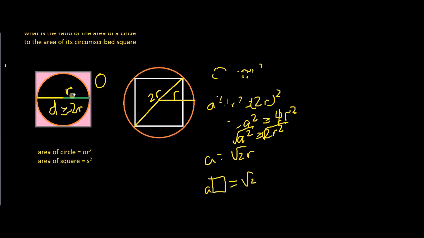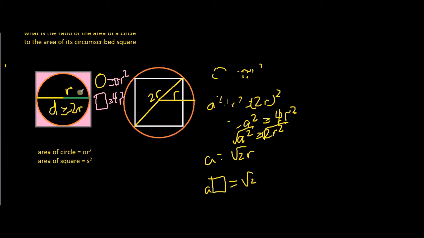Now, again, let's use an arbitrary r. So the area of the square, using r equals the radius, then the diameter again is 2r, the side of the square is 2r, then the square area itself is 4r squared, and the circle area in that situation is just pi r squared, right?